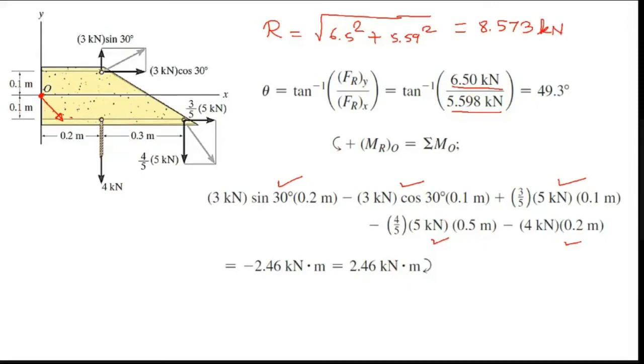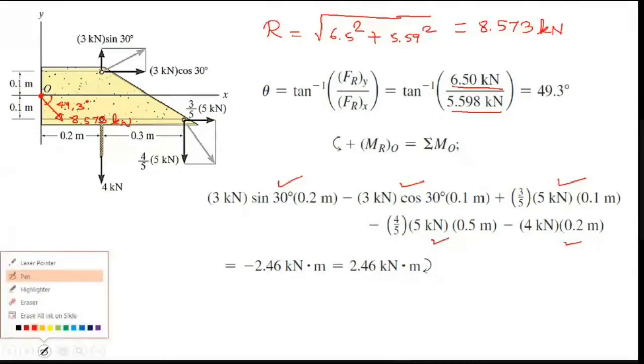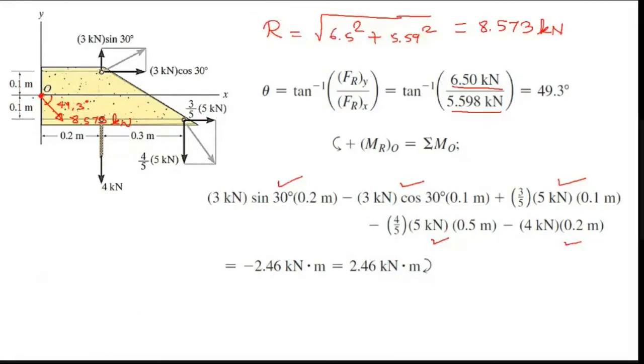Your value is 8.573 kilonewton, the angle is 49.3 degree. And you have a moment at this point also, a clockwise moment of 2.46 kilonewton meter. So all these forces are converted to this point.